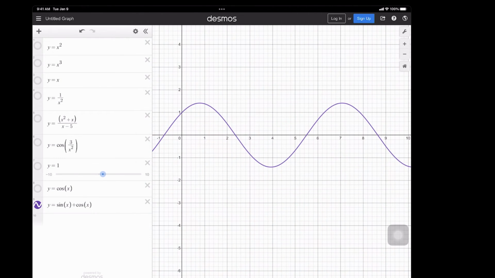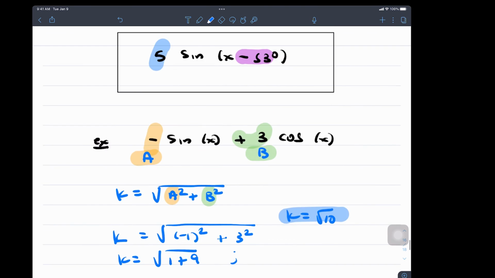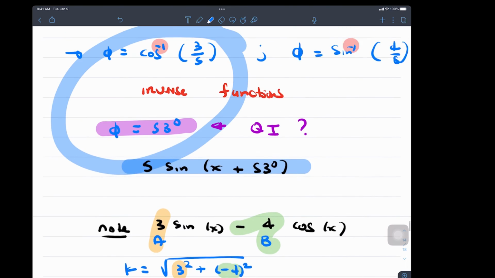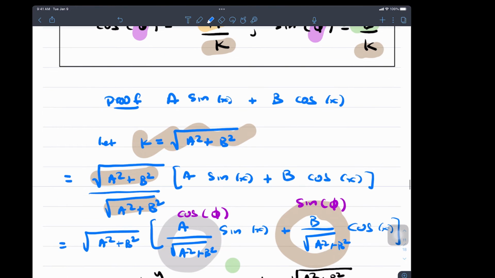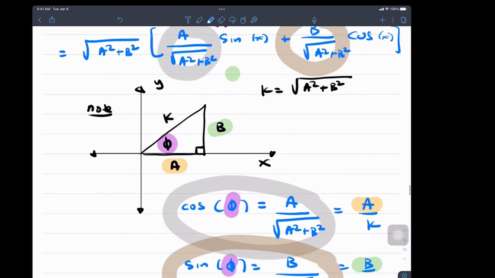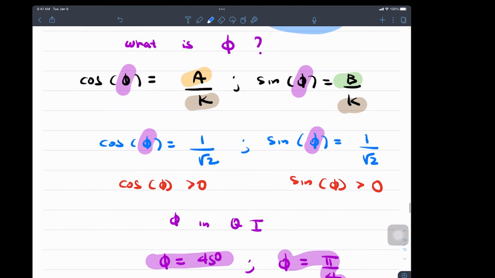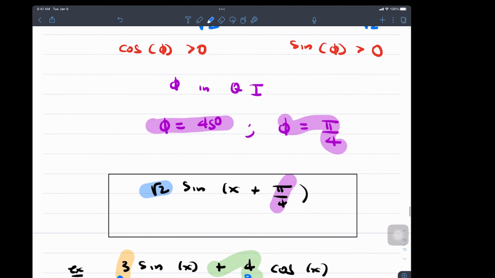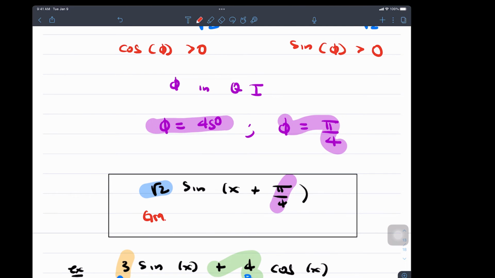But remember, what do we do in Desmos, or what did we do earlier in that first example? Sine plus cosine, what did it become? It's right here. Square root of 2 sine of x plus pi over 4. The point I'm making is, can you guys graph that? The answer is yes, you can graph that.